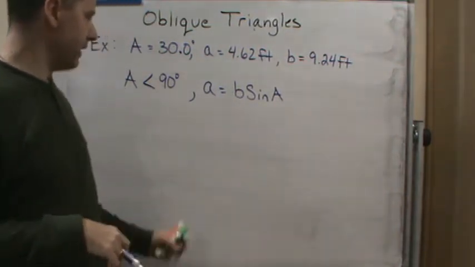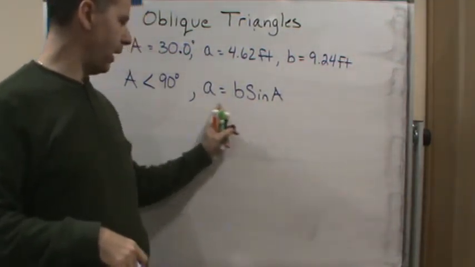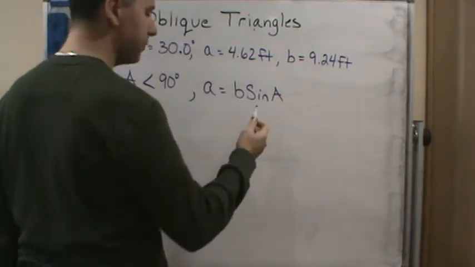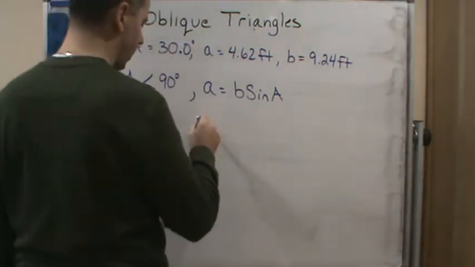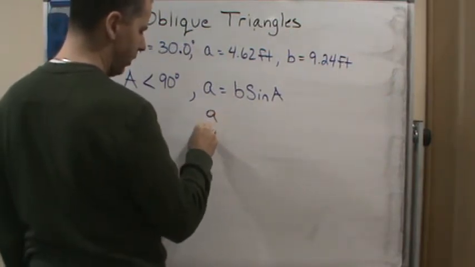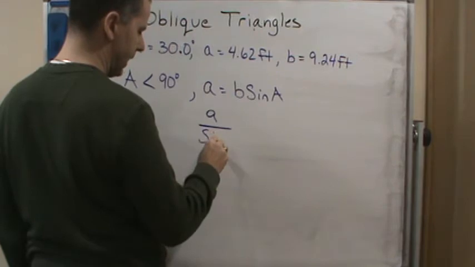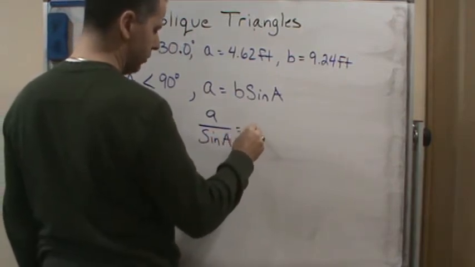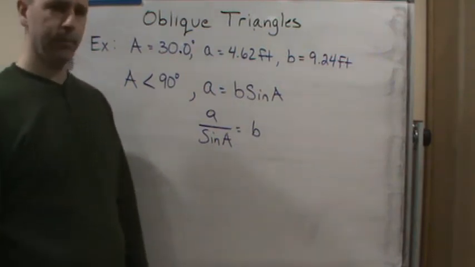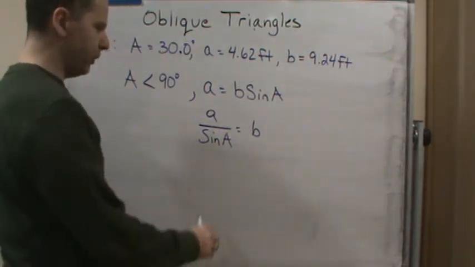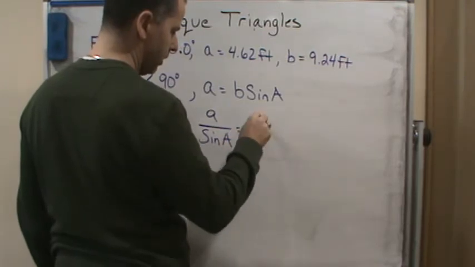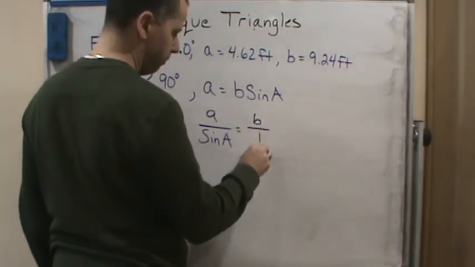And now, here's the thing. I don't expect you to memorize this formula, but think about this. If I set up the law of sines, what this is saying, equivalently, is that A over sine A is equal to B over 1.